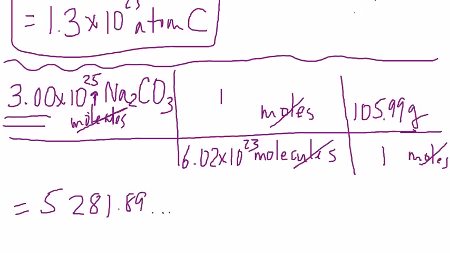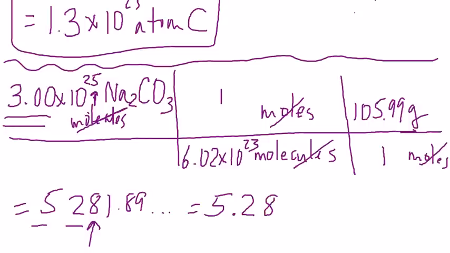Well, in order to round this to 3 sig figs, we start from the left and we find the third position. That's the 8. So that means that if I write this in scientific notation and I round it to 3 significant figures, I need to stop at that 8.